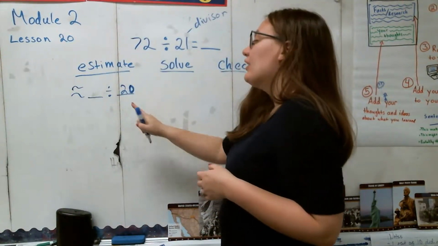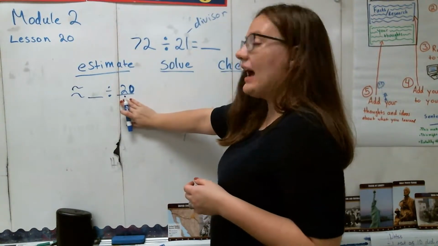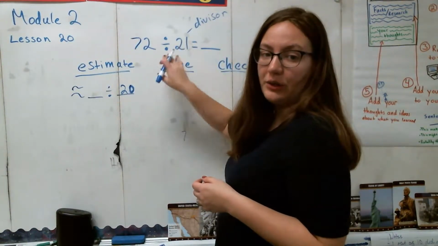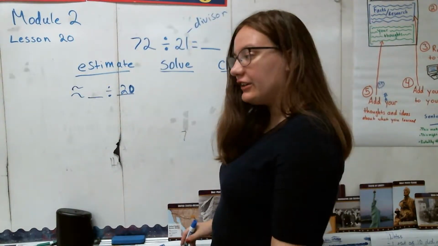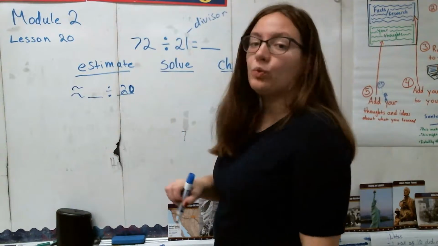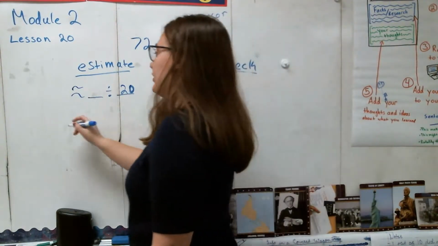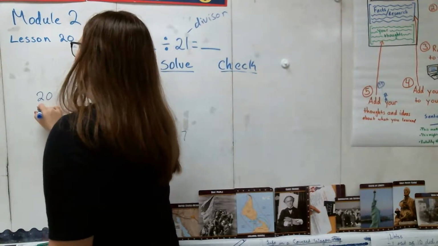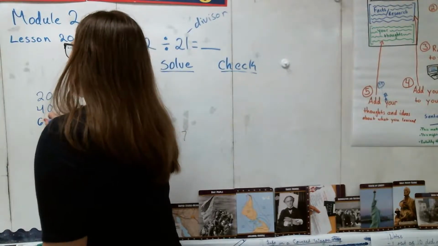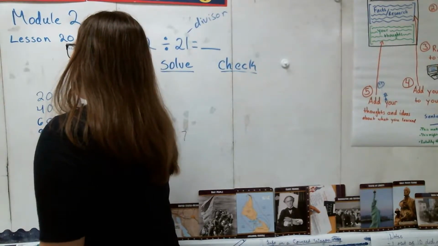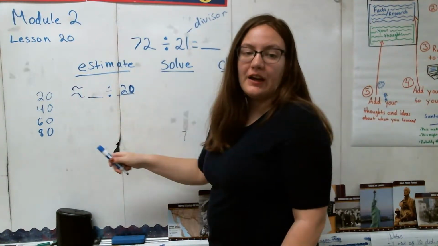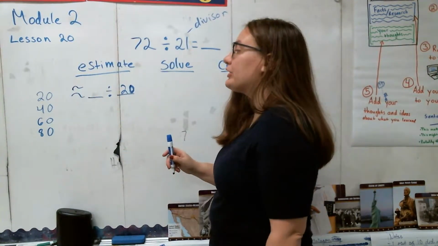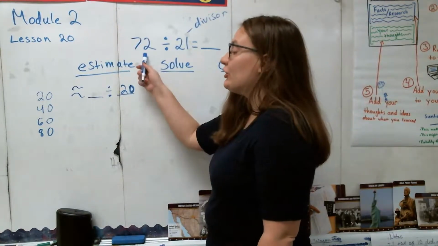I wrote my 20 here, so I changed 21 to 20, and now just like the last lesson, I'm going to list out my multiples of 20 and see which one is closest to 72. So I have 20, 40, 60, and 80.